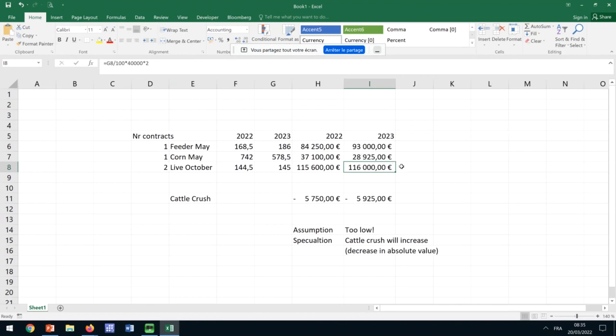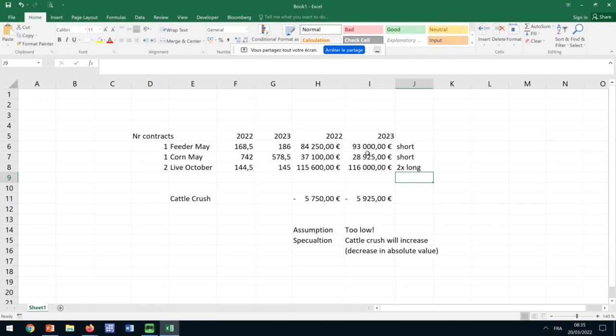So we would think that this is going up and this is going down. So what we need is a short position here, a short position here, and a long position here, two times long. That's the kind of cattle crush we would need.